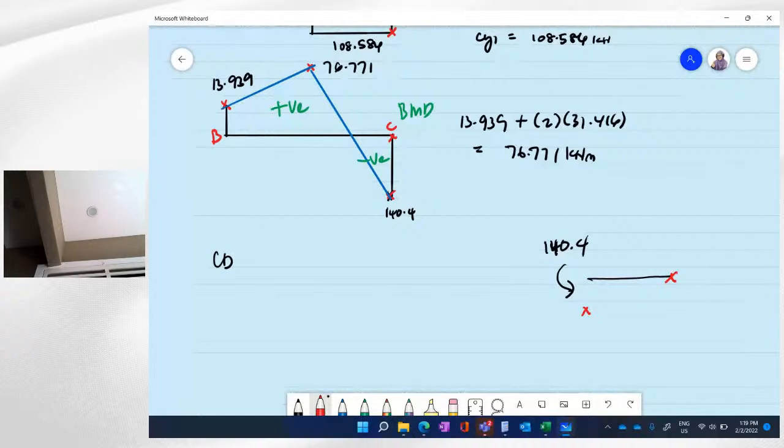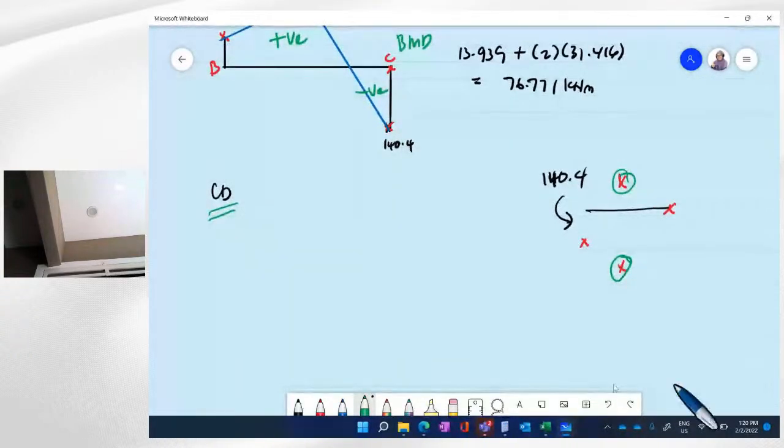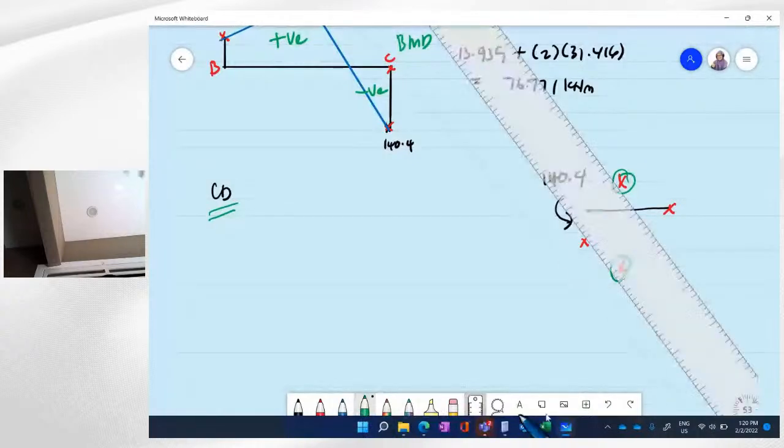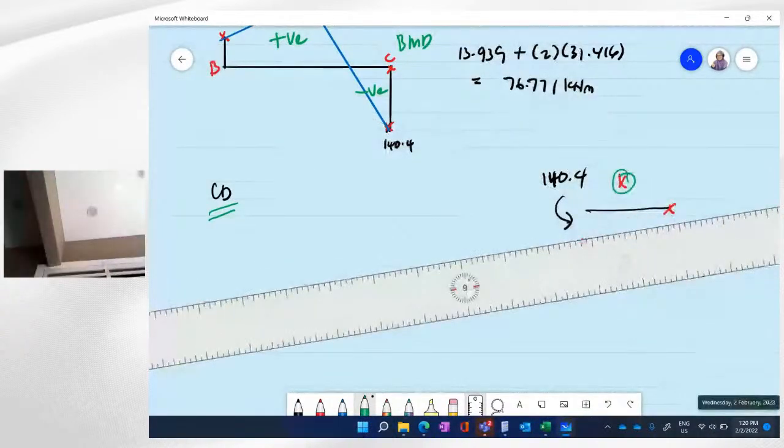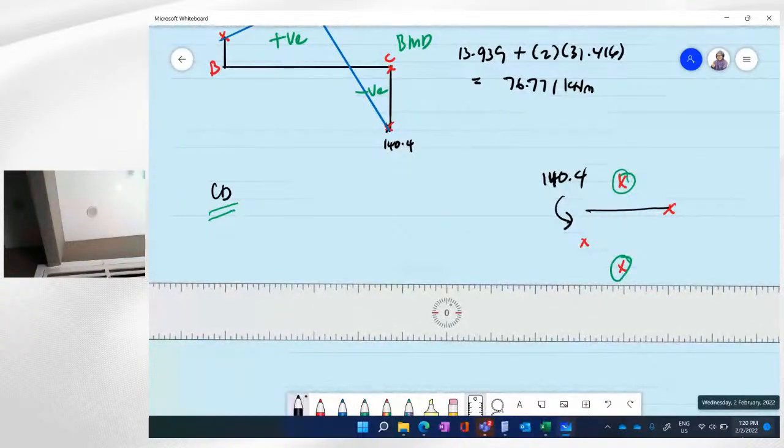This will be the last point at C and at D, and we may have the maximum moment located somewhere here or somewhere here. We do not know yet. So this will be determined from the shear force diagram. So we analyze member CD.